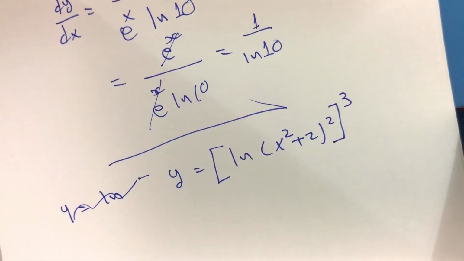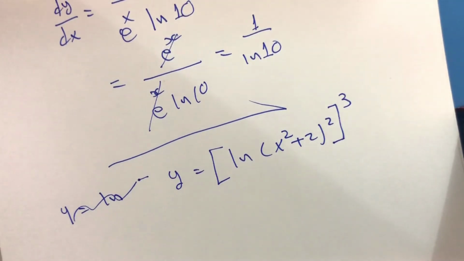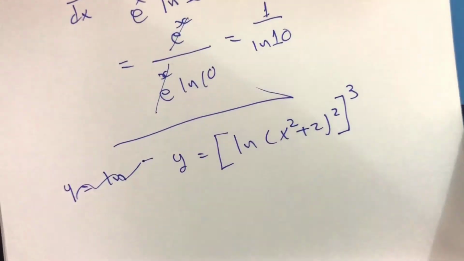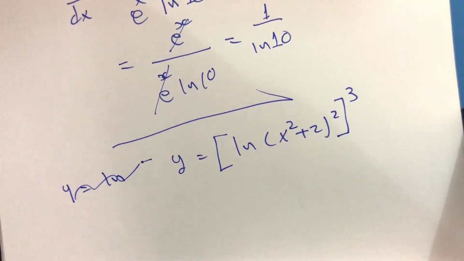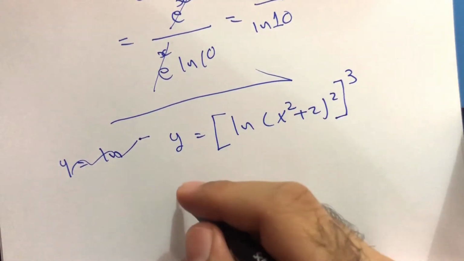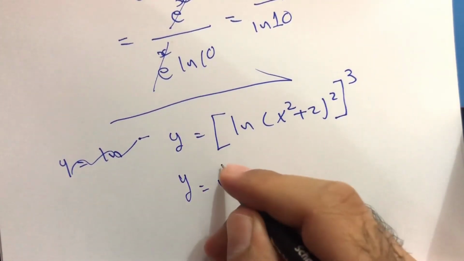In the derivative subject, all we have to do is apply the rules that we took in the first lecture. This is actually nothing but a function to the power n, y equal u to the power n.